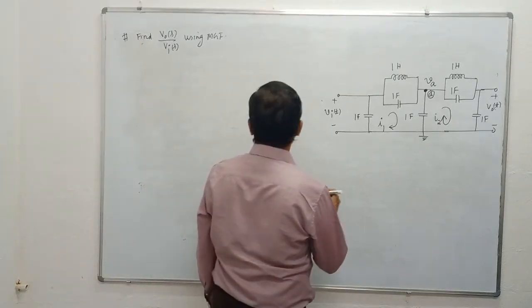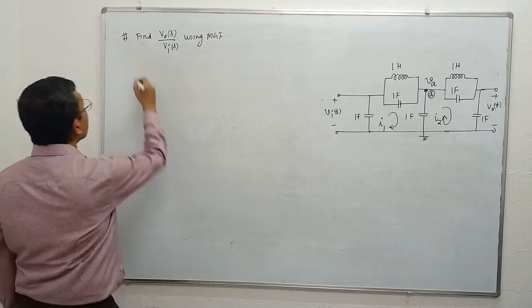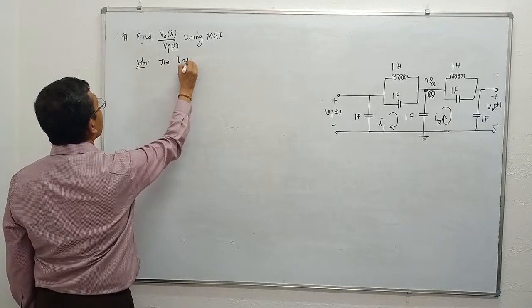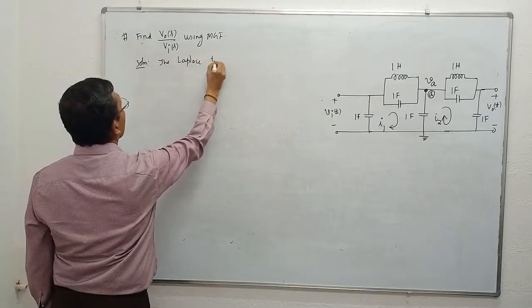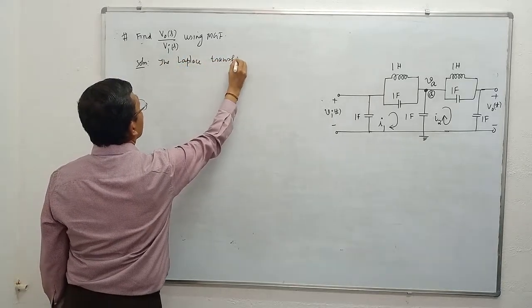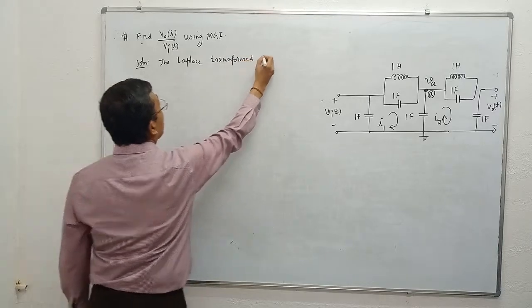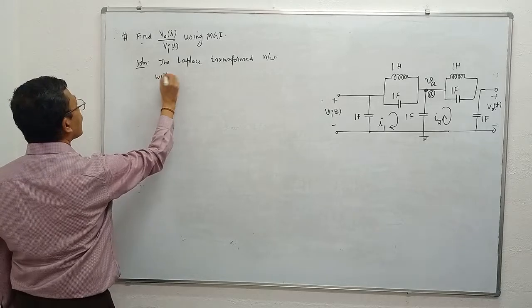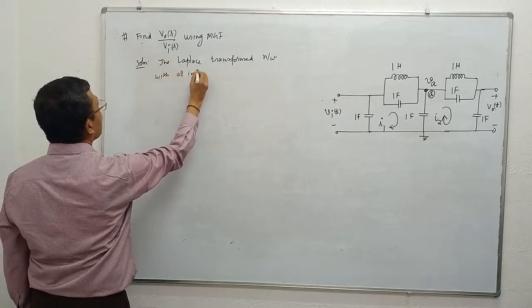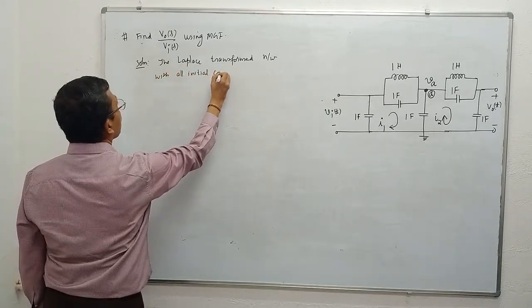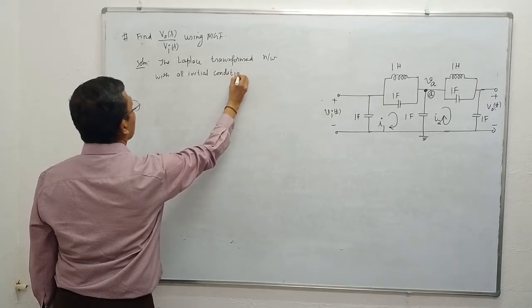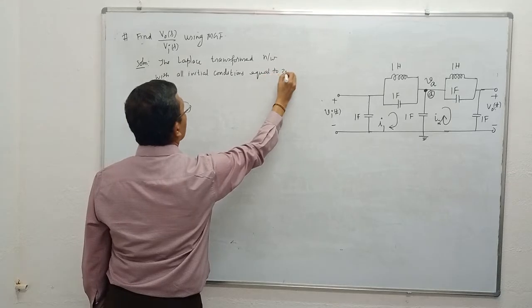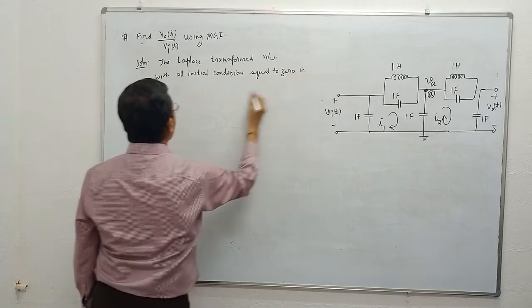So the Laplace transformed network with all initial conditions equal to 0 is as shown below.